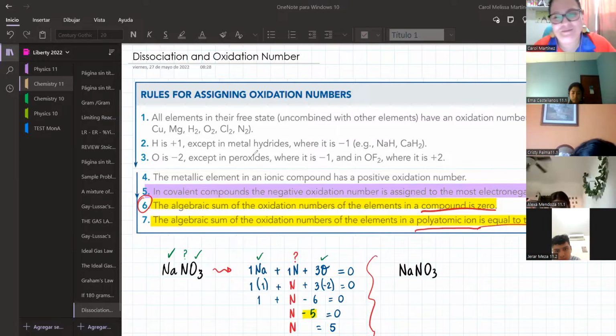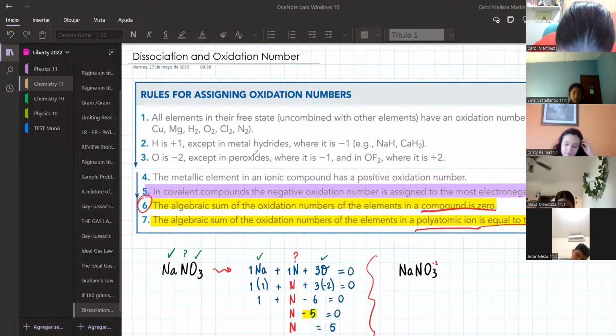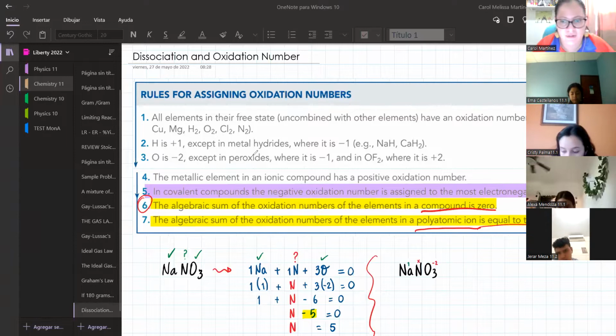Okay. So I know the charge of oxygen. That's one of the rules that I will be applying most of the time. So I do this, okay? I know that this is -2. I know that this is 1. This one is my x, because I don't know it.